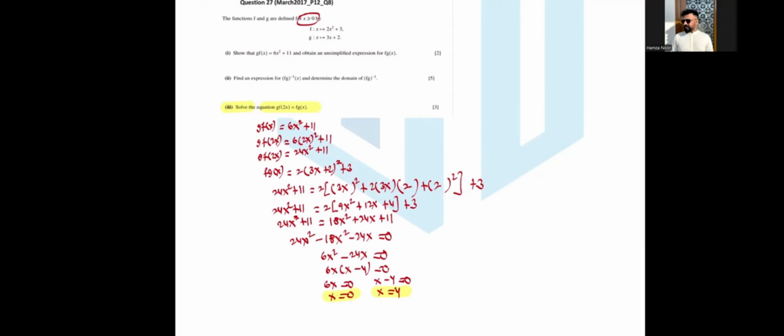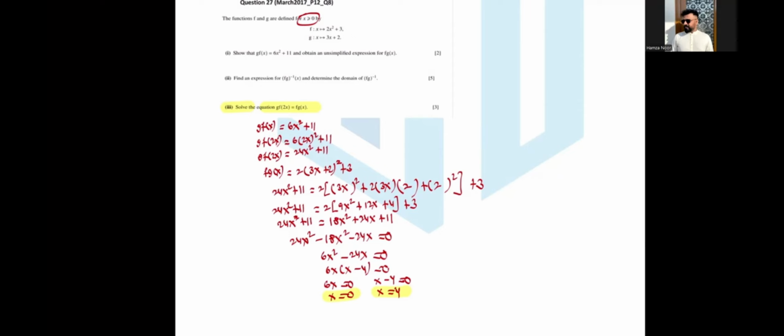But when there is a restriction on the domain of the inner function, you need to consider your answers accordingly. So in this case, both of the answers, x is equal to 0 and x is equal to 4, are acceptable.